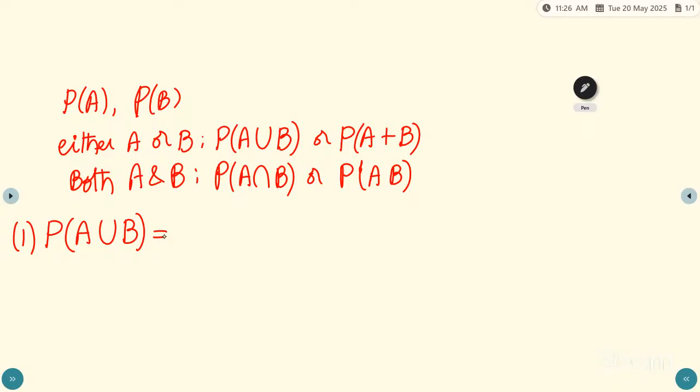One trial. Listen, the addition theorem always discusses one trial, as a result of one trial.